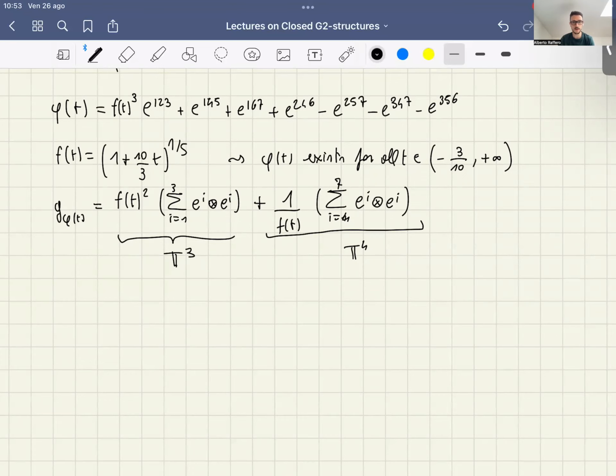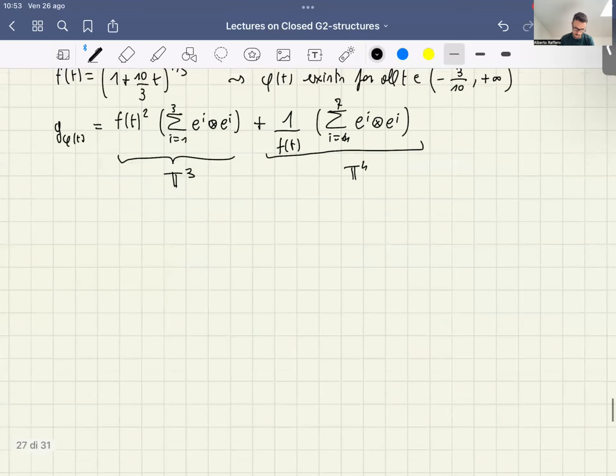So for instance, the papers by Bryant and Xu, if you're interested in looking in detail at the proof of the short-time existence and uniqueness of the flow.